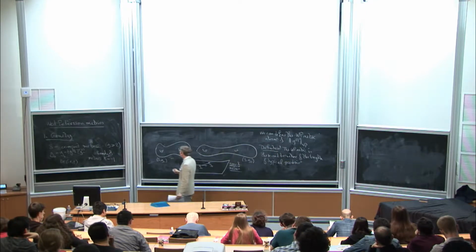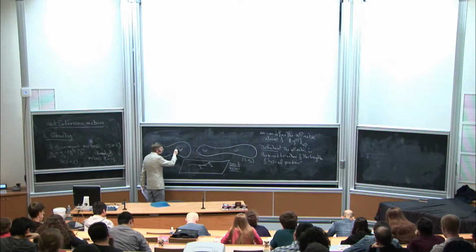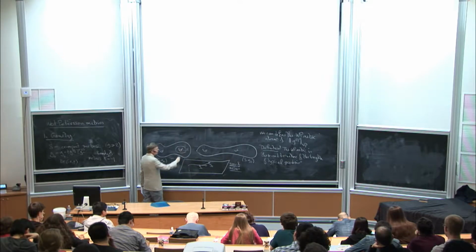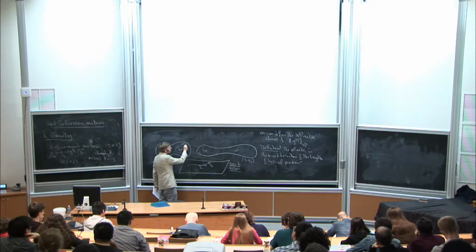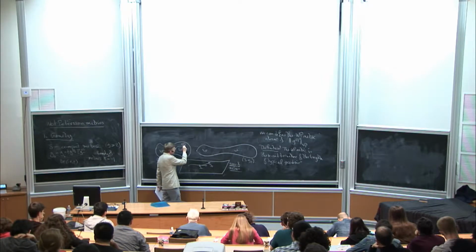So if you have a geodesic on here, it might not be a closed one, but let's say it is. Here is one geodesic called gamma. It has a certain length, which might be L of gamma with respect to that particular metric, g0.